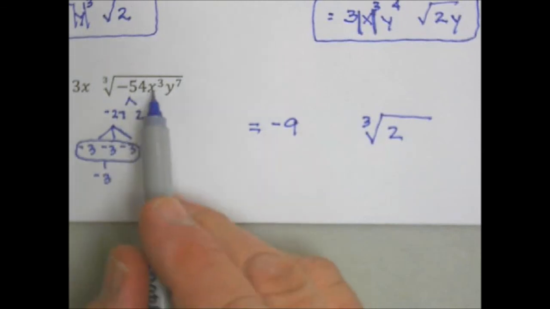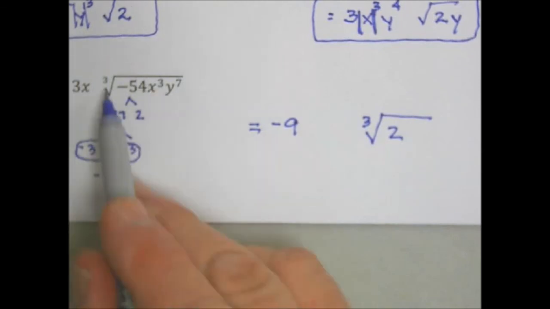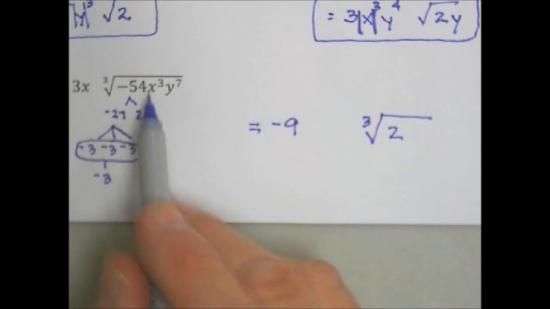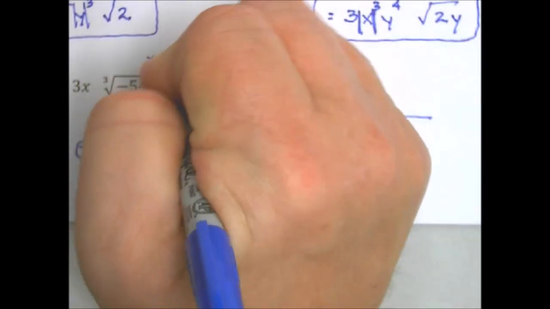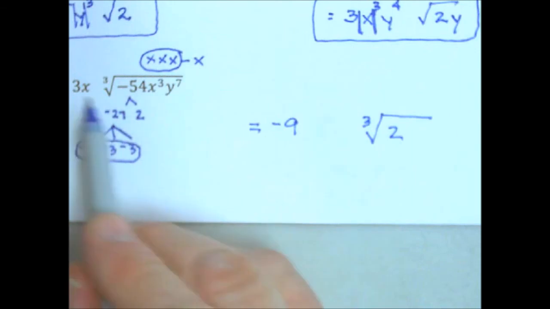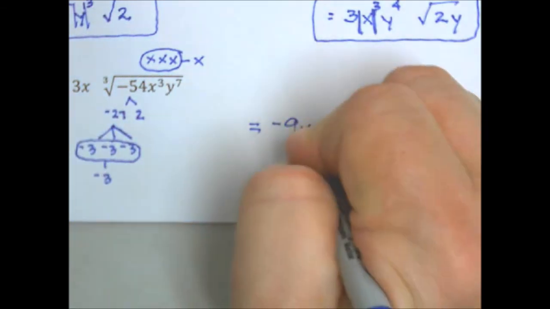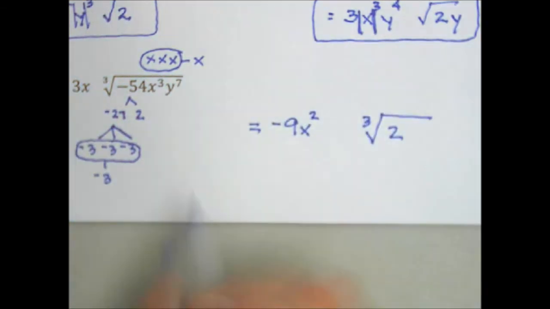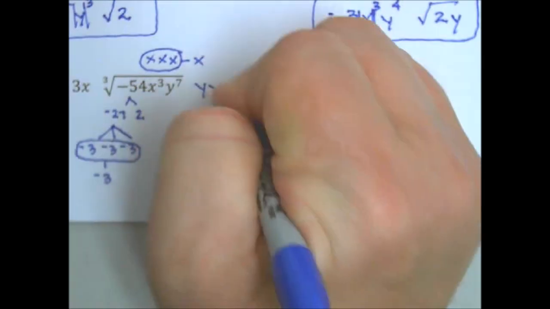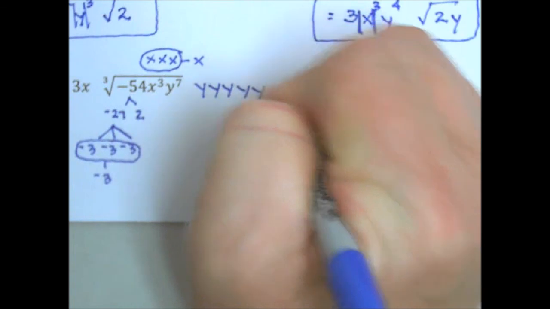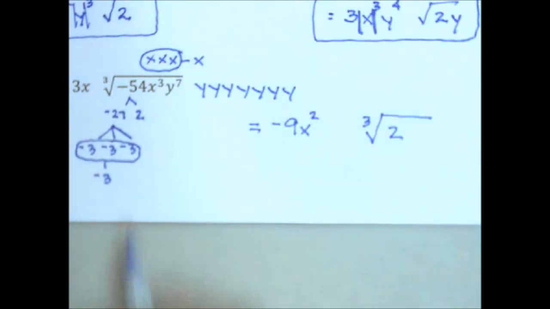Now let's start dealing with the variables. The cube root of x cubed would simply be an x, because there'd be 3 of them, 1, 2, 3, of which one of them gets to come out, and it joins the one that's already out there, so that would be x squared. Now y to the 7th: 1, 2, 3, 4, 5, 6, 7.